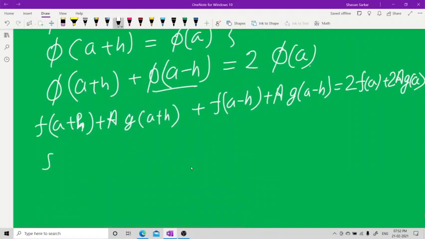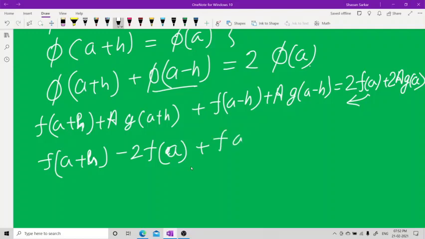Now take a on one side. F of a plus h, then bring this here, minus 2f of a plus f of a minus h is equal to, take the a there and take minus a common.